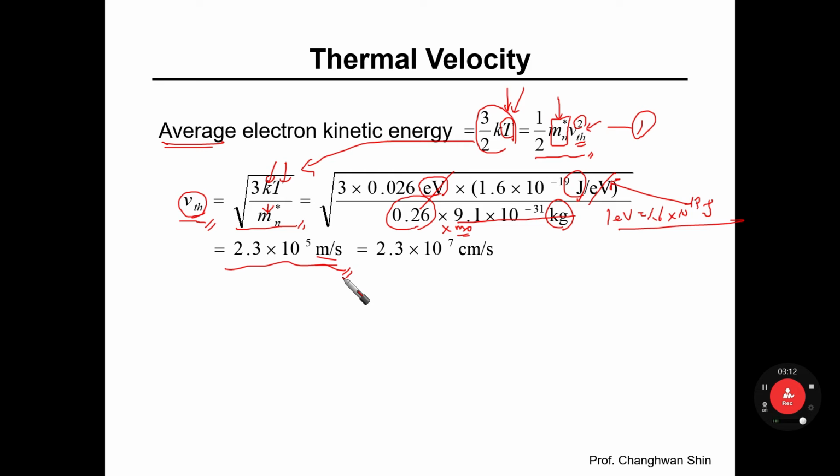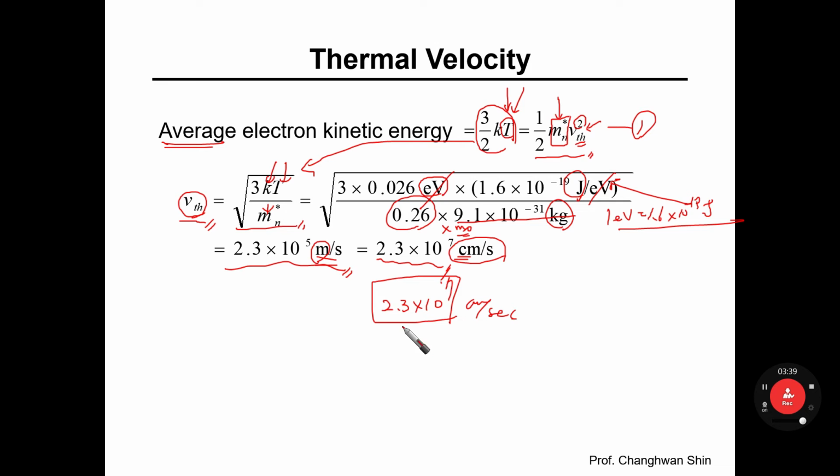But in device physics, instead of meter as a length unit, we prefer centimeter. So centimeter per second is used as the velocity unit, and the value is 2.3 times 10 to the 7 centimeter per second. So it's almost 10 to the 7.